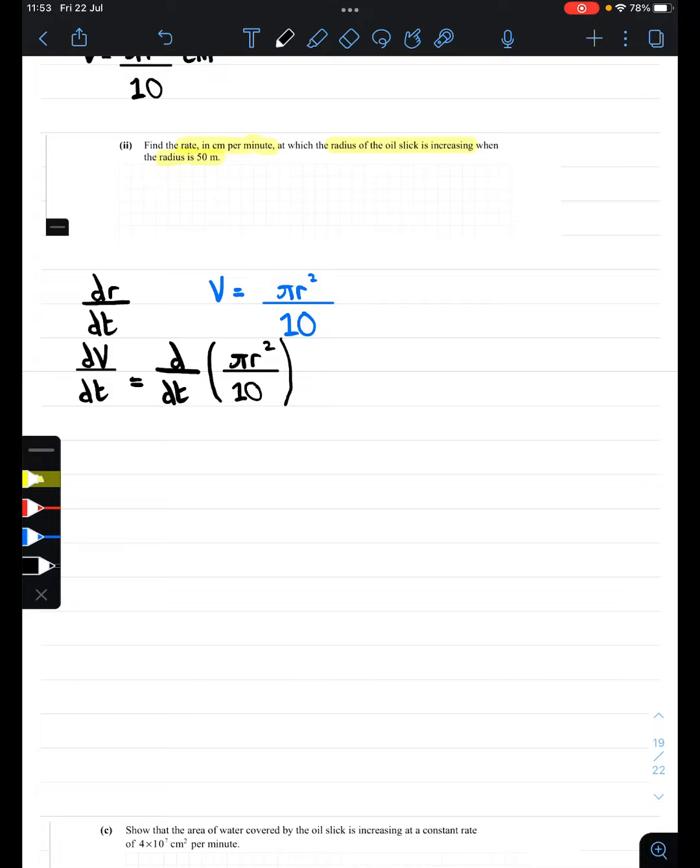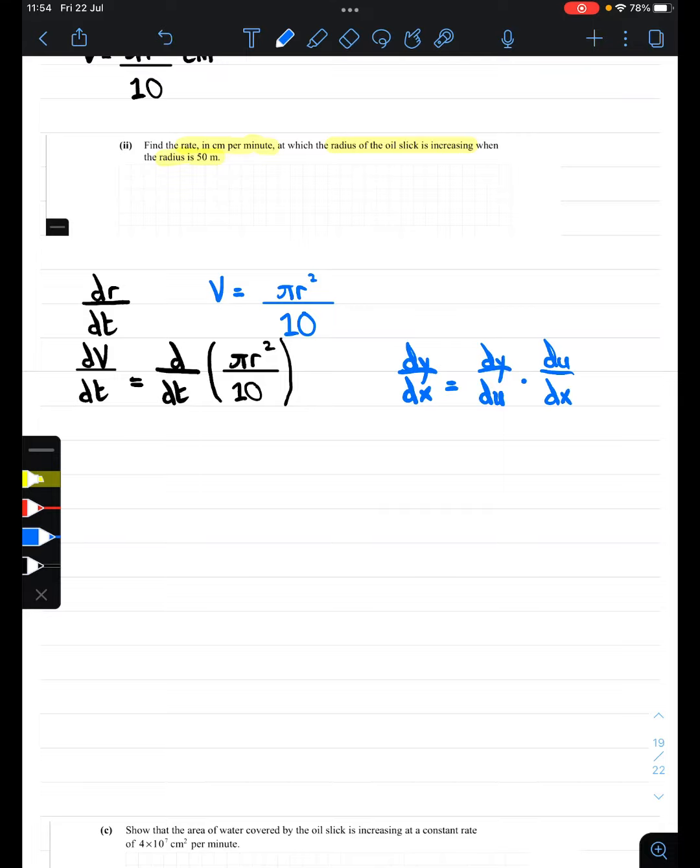Well, we know that we have the chain rule. The chain rule is dy dx is equal to dy du by du dx.